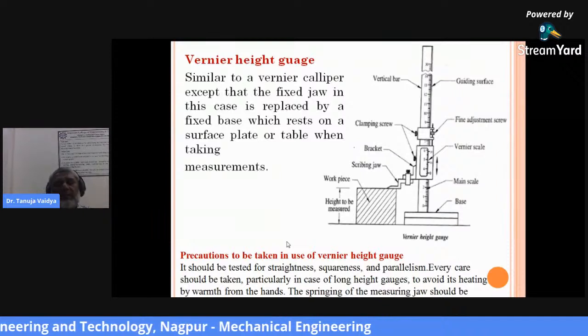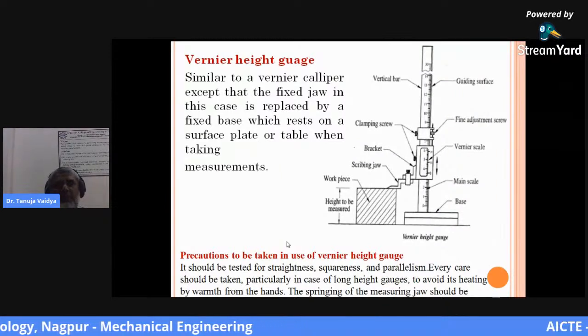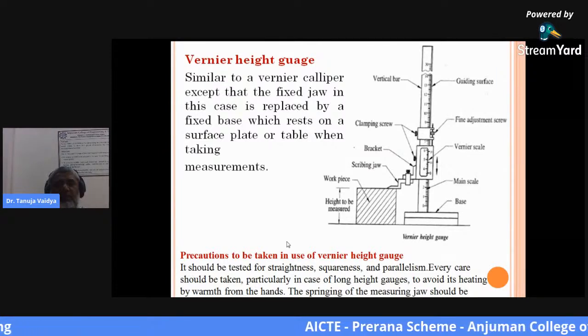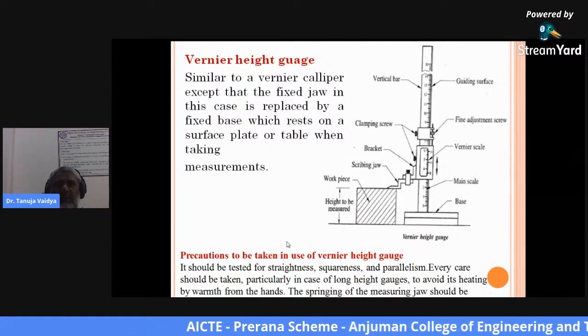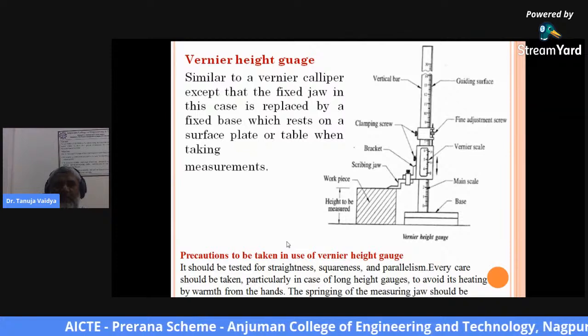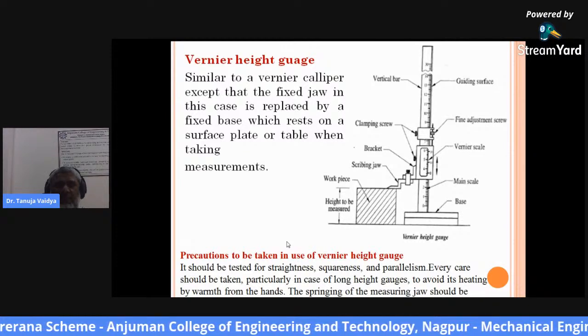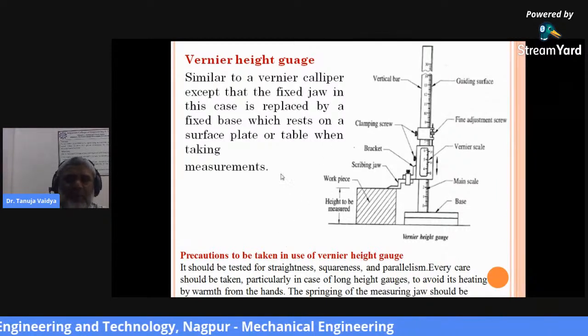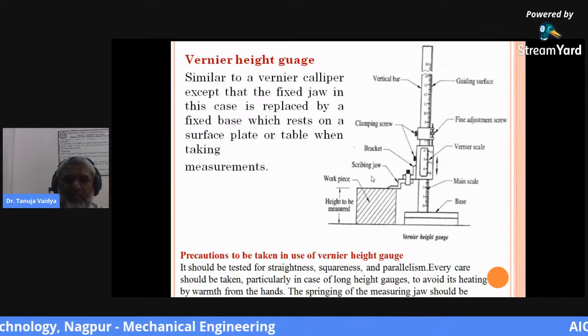Similarly, another important precision instrument which is of utmost importance is the vernier height gauge. The basic principle of taking a reading with the vernier height gauge is similar to the vernier caliper, except that the fixed jaw in this case is replaced by a fixed base.